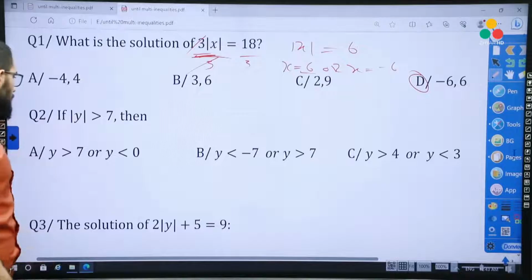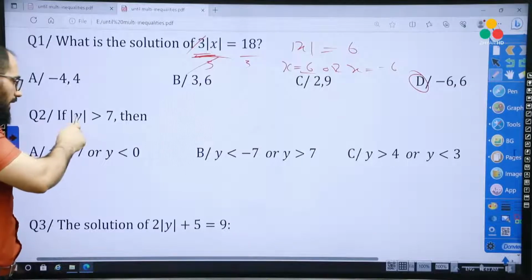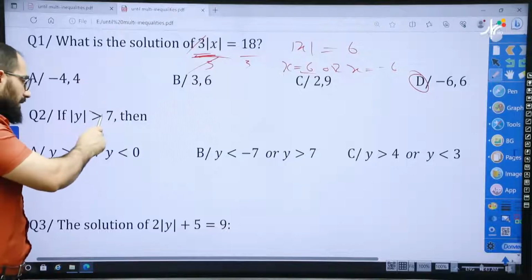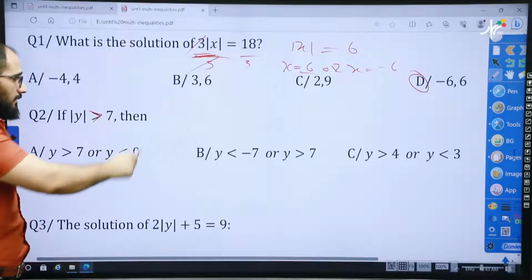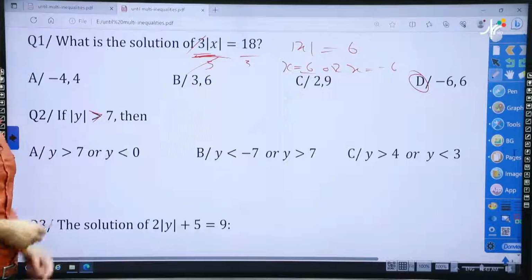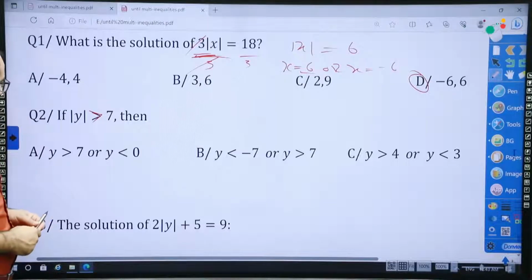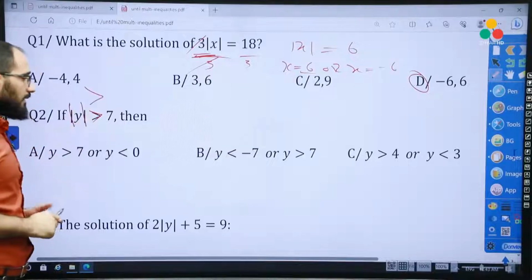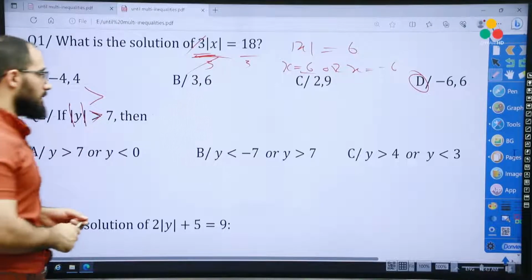Then question 2, it says if the absolute value of y is greater than 7, then how do you write the inequality? Again, if you remember, we said that if the absolute value is greater than, it's going to be an "or" inequality.